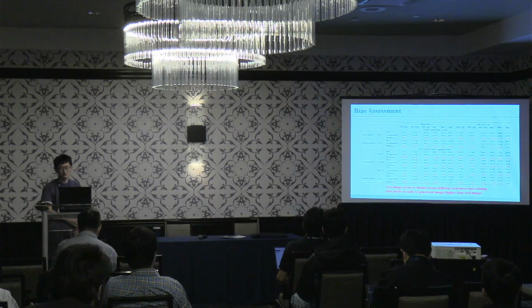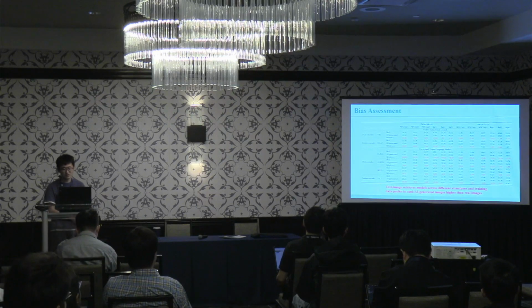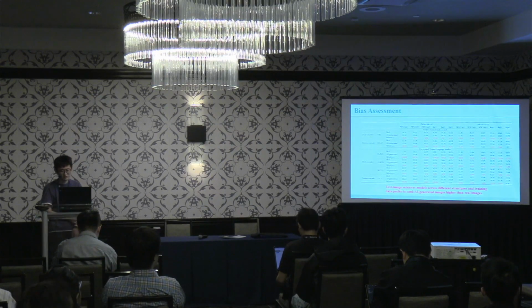Experiments on our benchmark show that text-to-image retrieval models across different architectures and training data prefer to rank AI-generated images higher than real images. We named this bias invisible relevance bias.